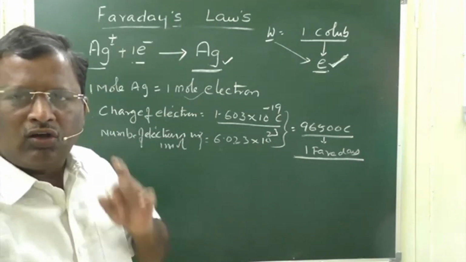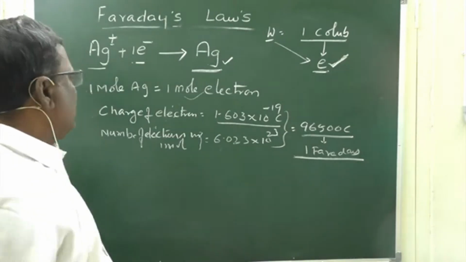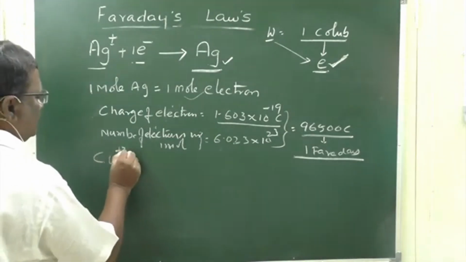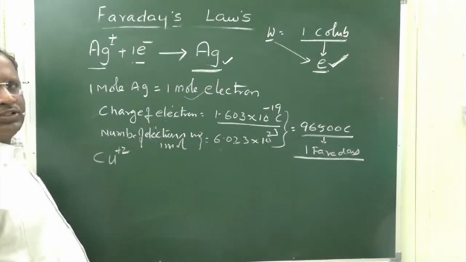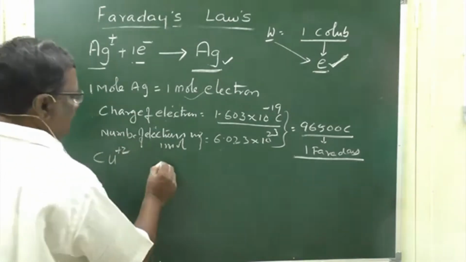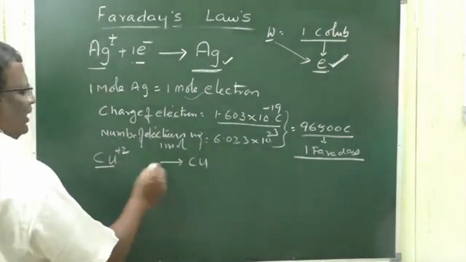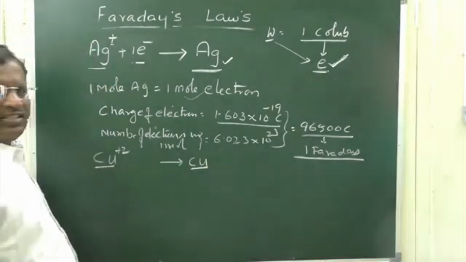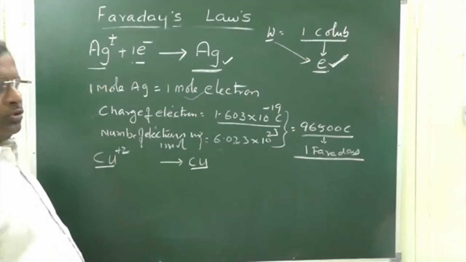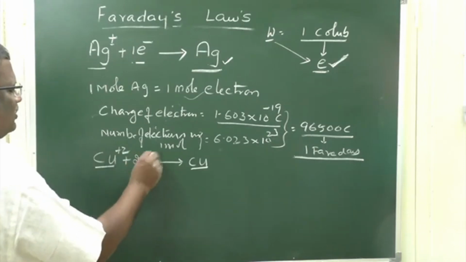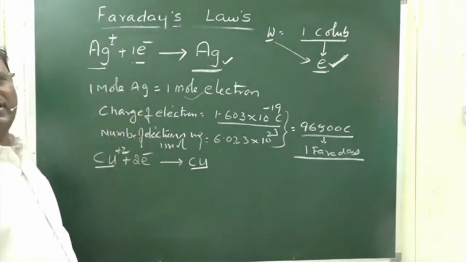What is the case for copper? In copper sulfate solution, copper is in the form of Cu2+ and it is deposited as Cu. Now, Cu2+ is converted to Cu only when it accepts 2 electrons. So, this is the difference.